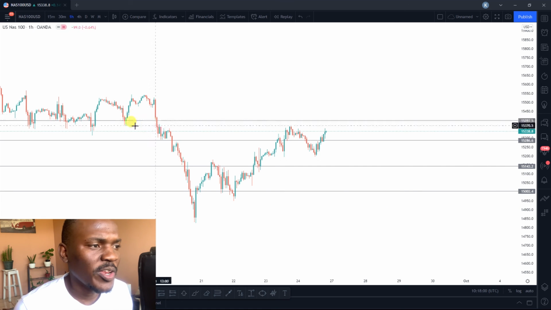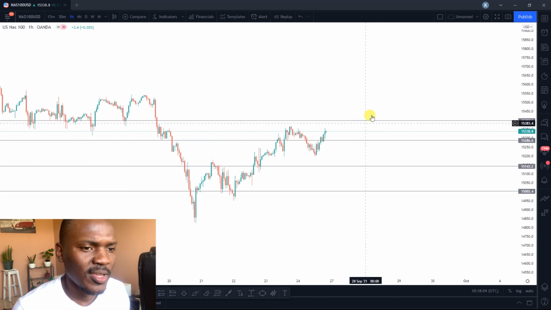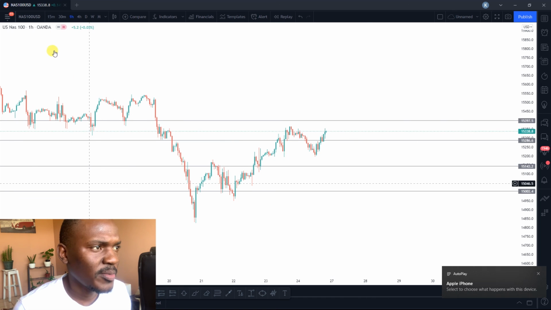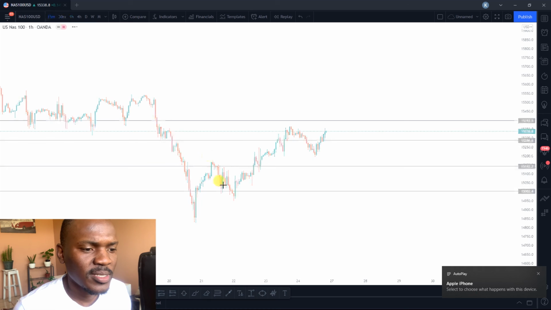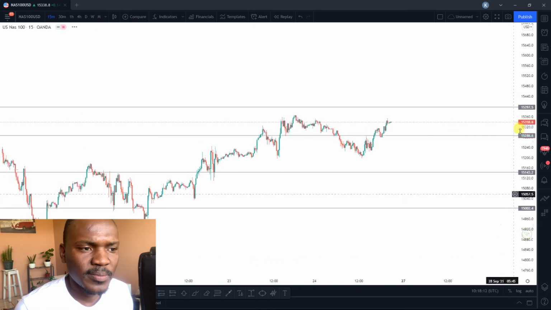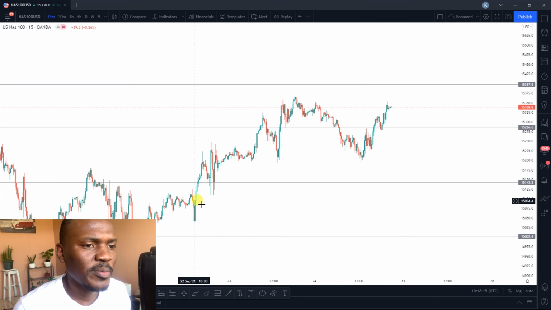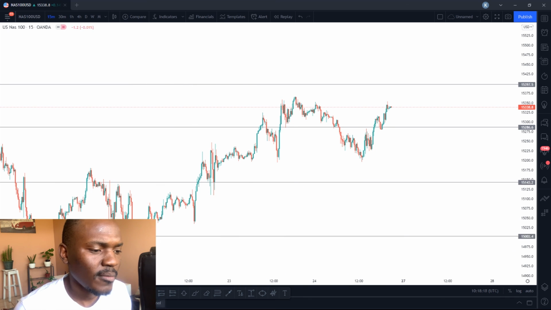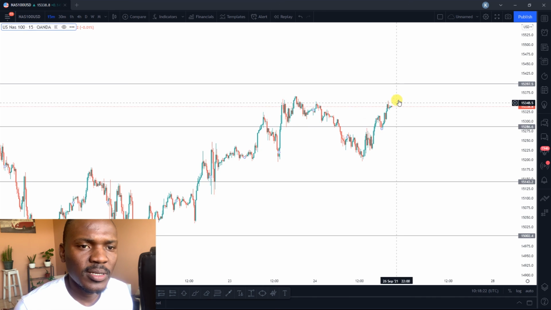So what we'll wait for at this point in time for us to take a sell or a buy. Okay, let me just go to 15 minutes because that's where we get our entries, right? We would wait for the market to get to this point here, right?